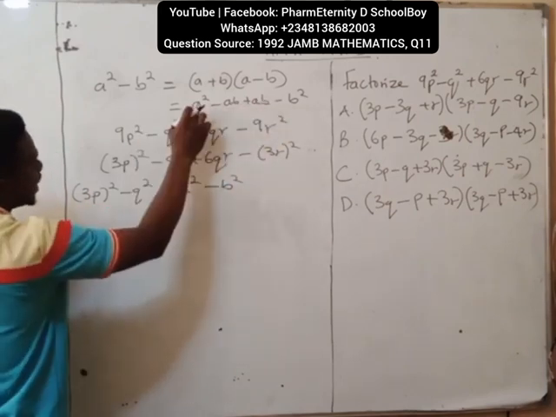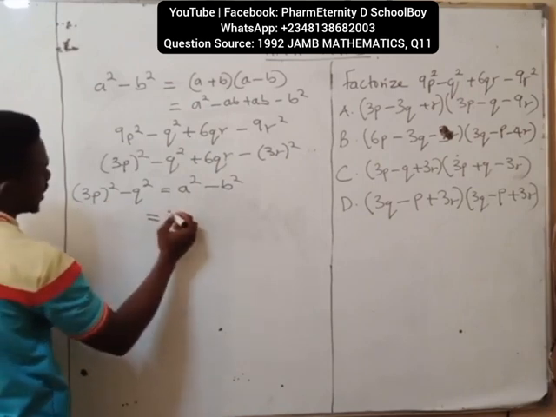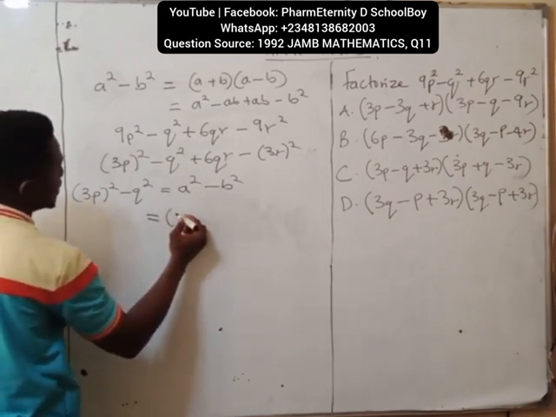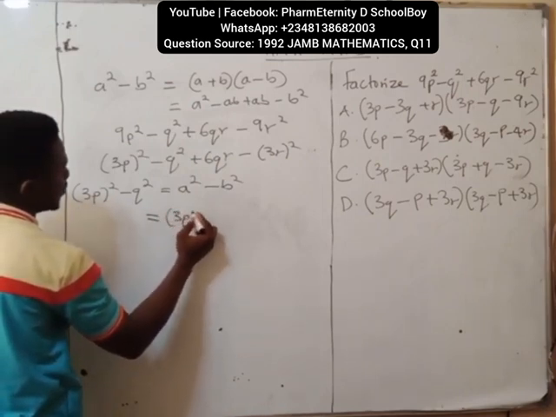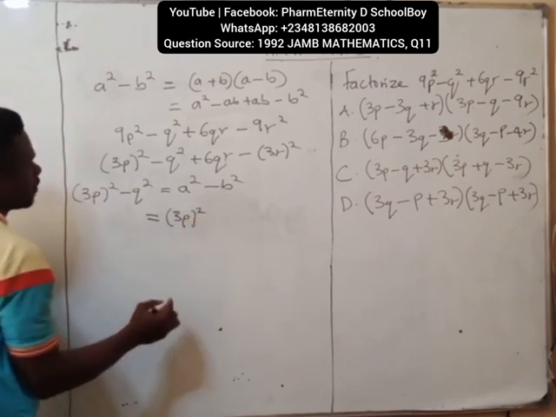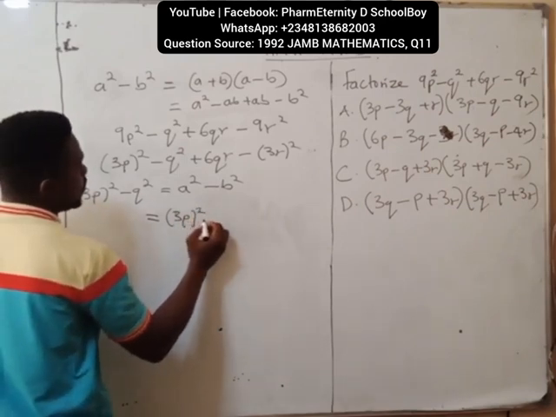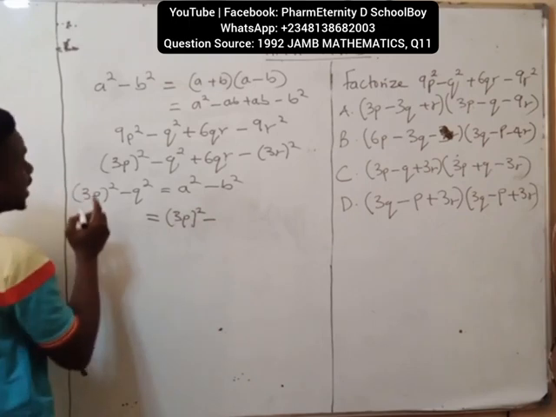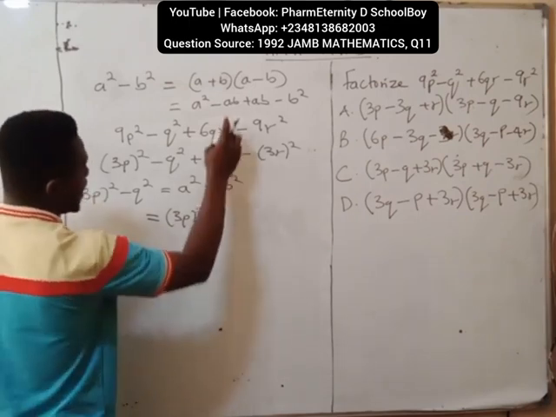It will give us something like this. Here is a squared, so this will be (3p) squared minus q squared, which is (3p minus q)(3p plus q). Remember, a is 3p and b is q.